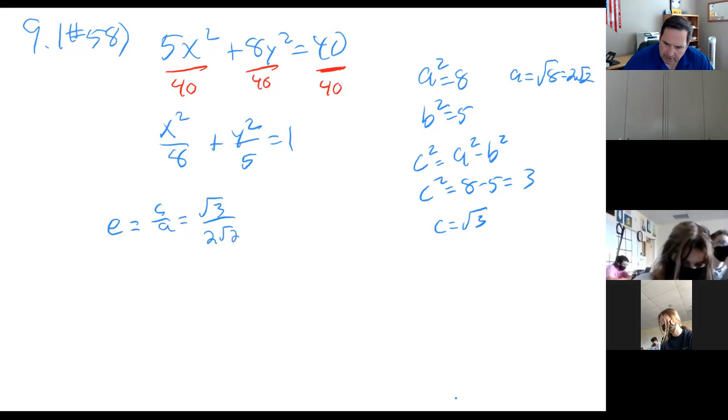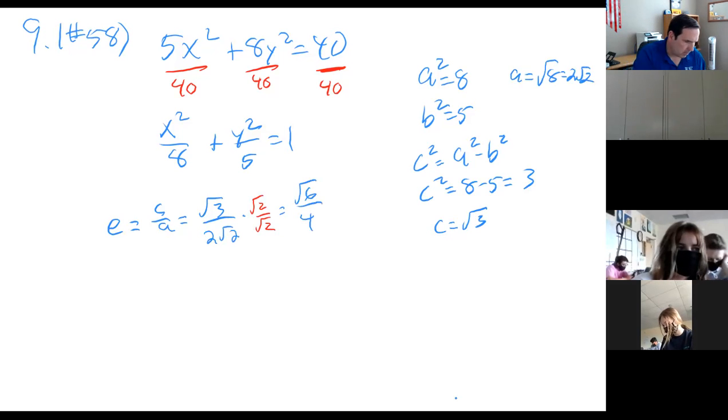And if we rationalize that denominator, which I assume they did, I'll look at the answer in a second, that'd be the square root of 6 over 4. So for 58, yes, that's correct.